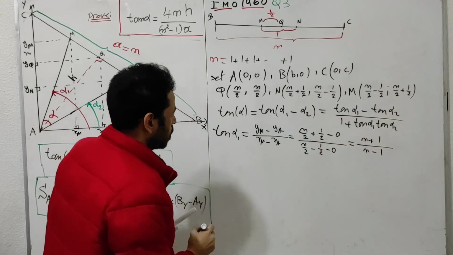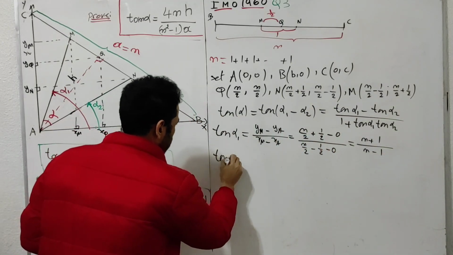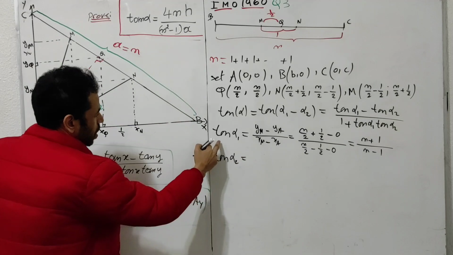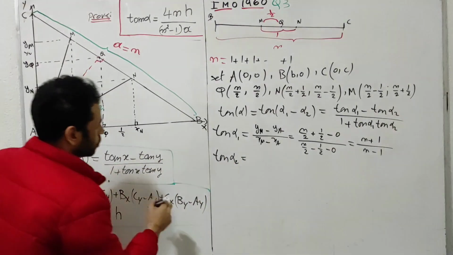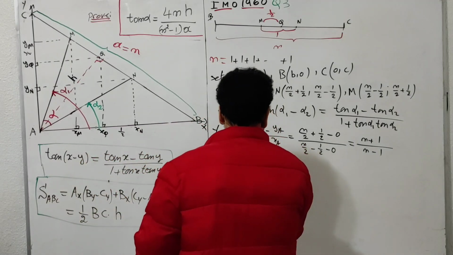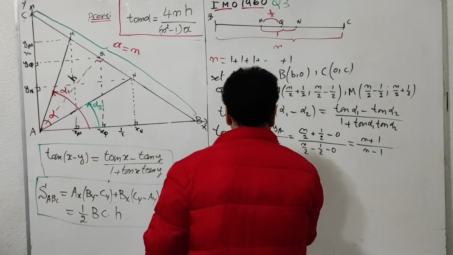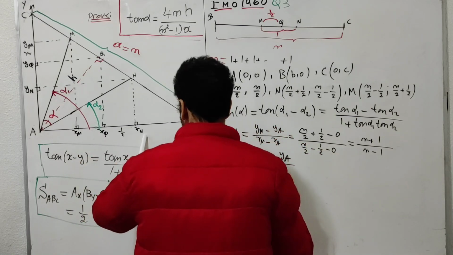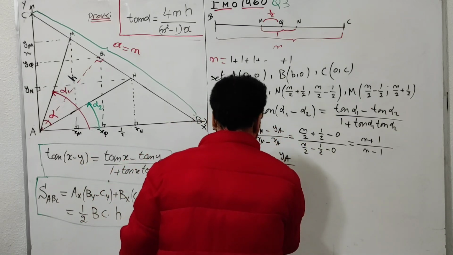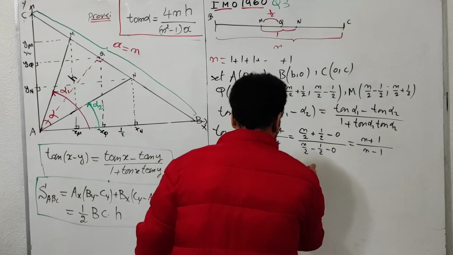Now I'm going to calculate tangent alpha 2. This argument follows similarly for alpha 2, which is yn minus ya divided by xn minus xa.